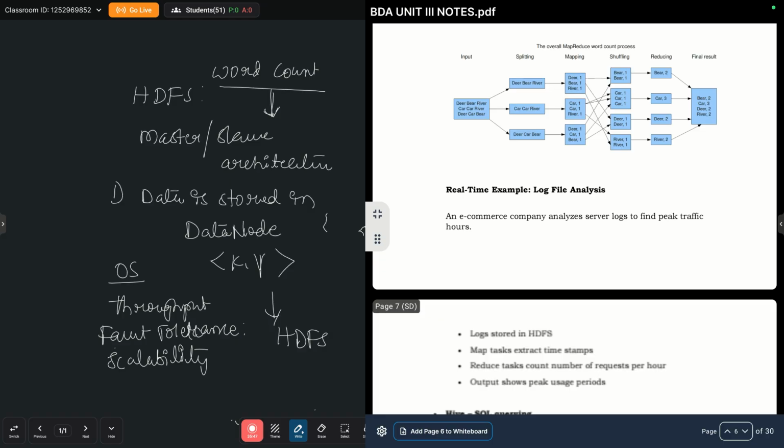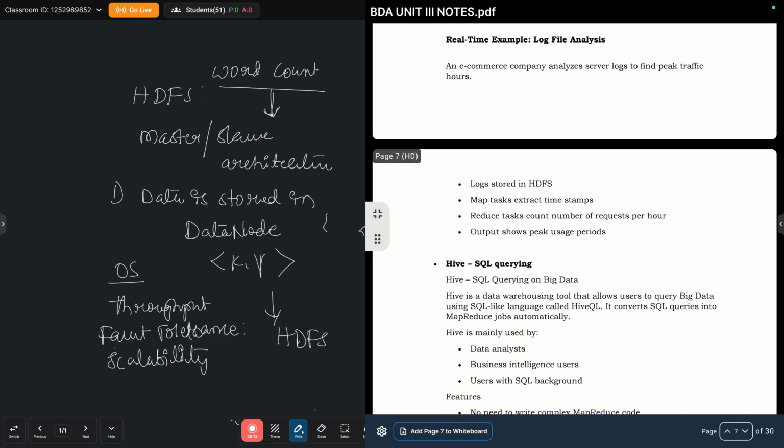What we are doing in Hadoop is simply splitting. Each split is assigned a mapper. The mapper generates key value pairs. Then the next step is shuffling. The next step is the reducer will aggregate the result. So simply we are getting the final word count.